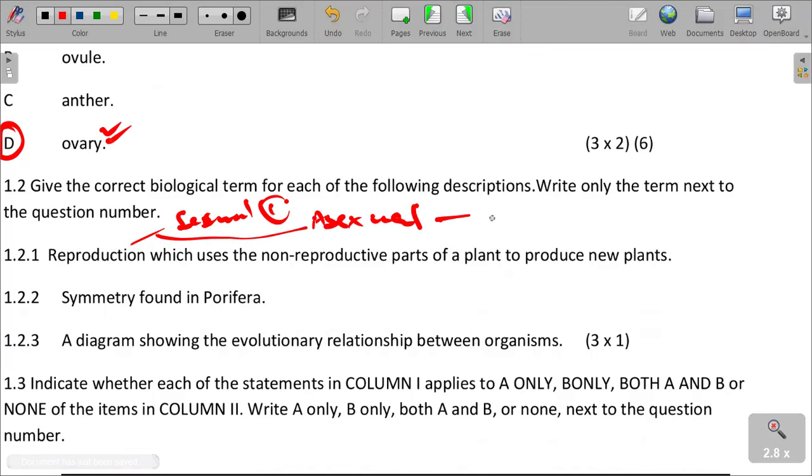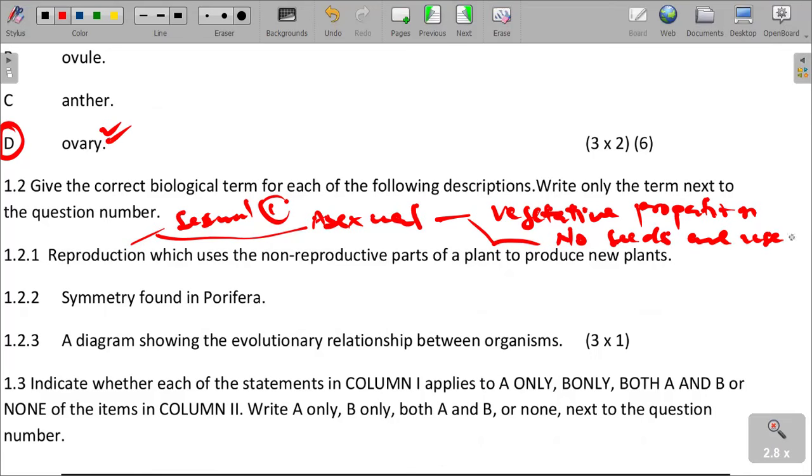So asexual is where we talk about vegetative propagation. What happens here? There are no seeds, no seeds are used. Sexual reproduction looks into fertilization.